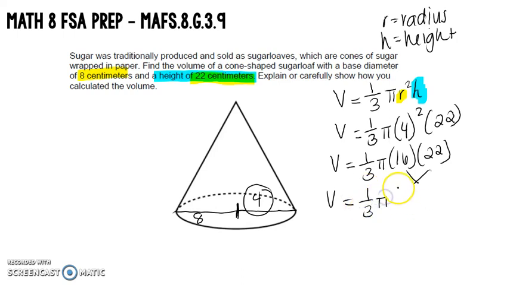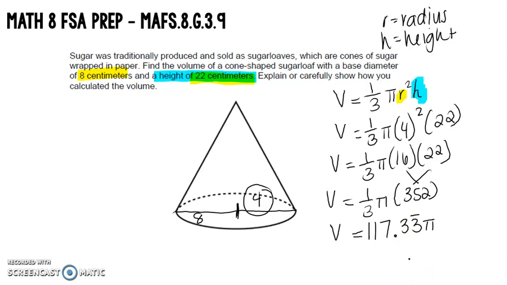So that will give me 1/3 pi times 352. Now I'm going to take that 352 and multiply it by 1/3 or divide by 3, which gives me approximately 117.3 repeating.